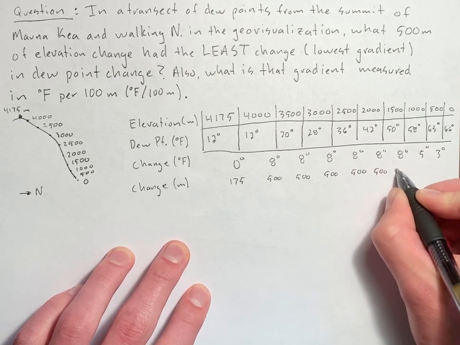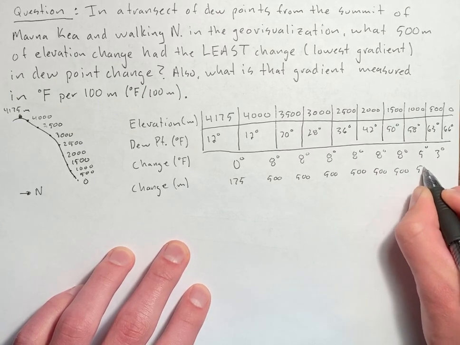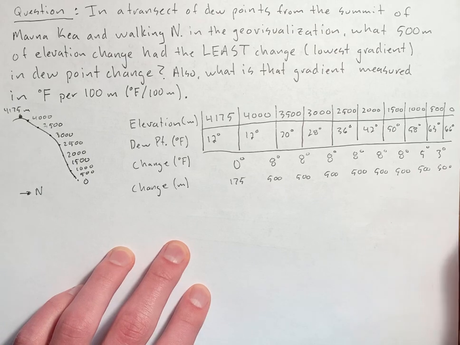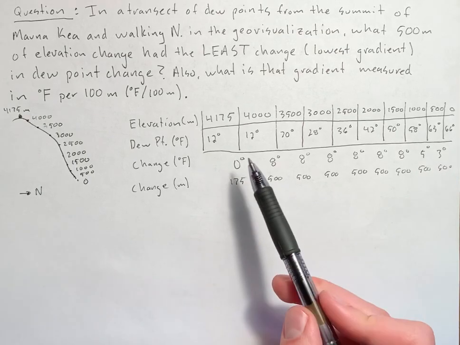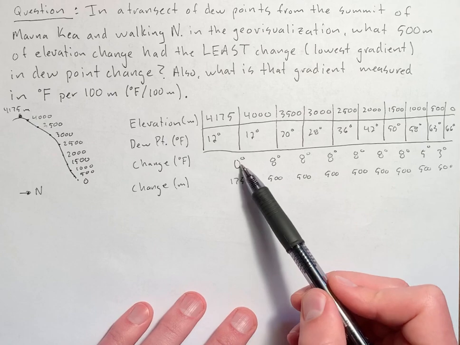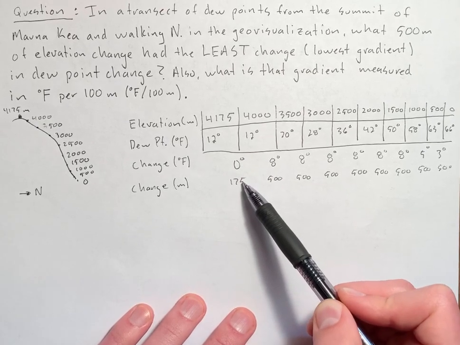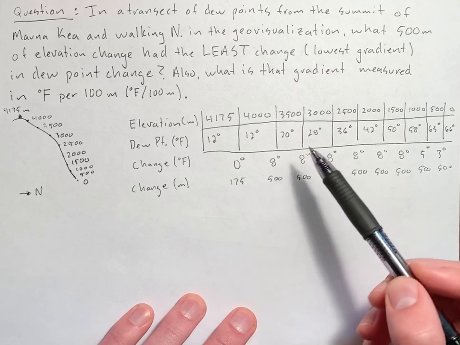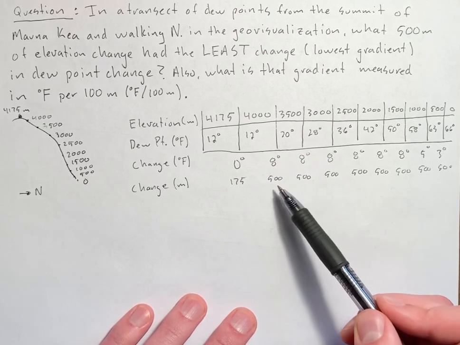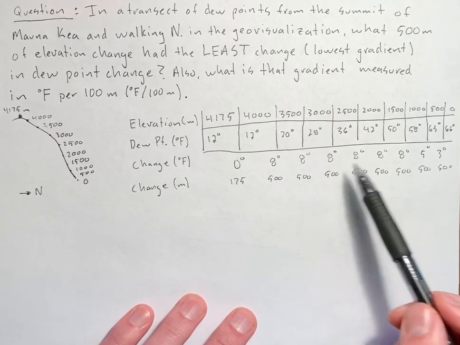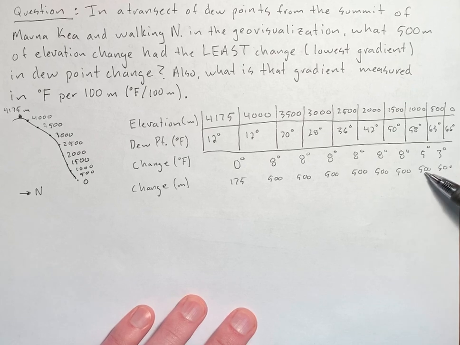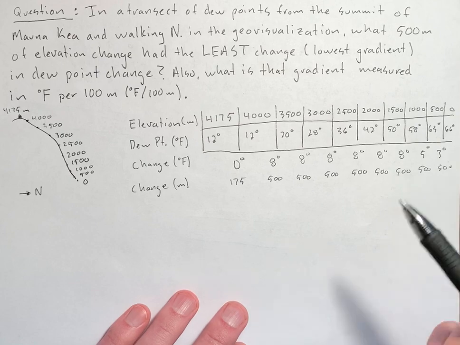So what we're saying here is that we've changed 0 degrees every 175 meters. Right here, we've changed 8 degrees every 500 meters, 8 degrees every 500 meters, 5 degrees every 500 meters, and 3 degrees every 500 meters.